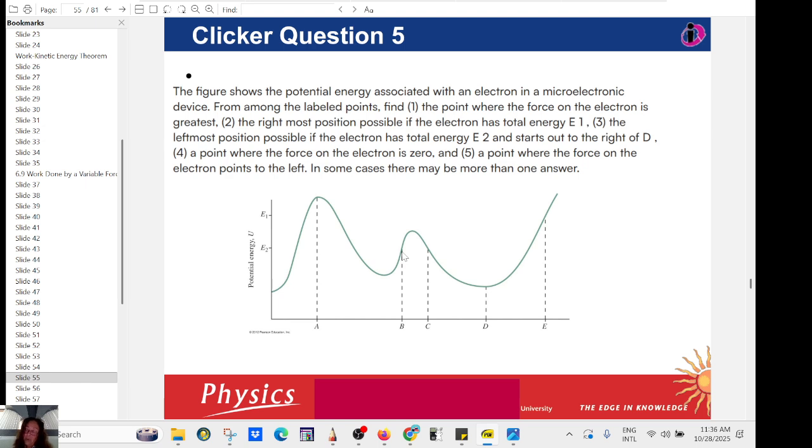It looks like B is larger. If you ask me if you want to ski here or ski there, I will say there. So the largest slope might be at B, which means the largest restoring force that the electron will experience. If you have potential energy as a function of position, the slope is the restoring force. If it's there, it wants to move this way. If it's there, it wants to move that way.